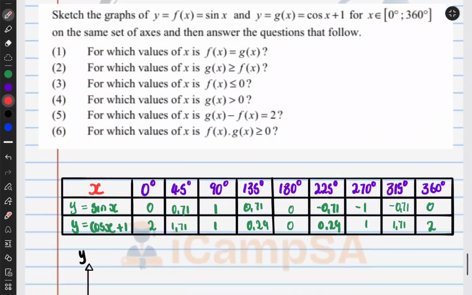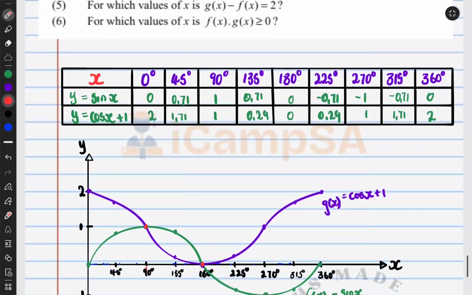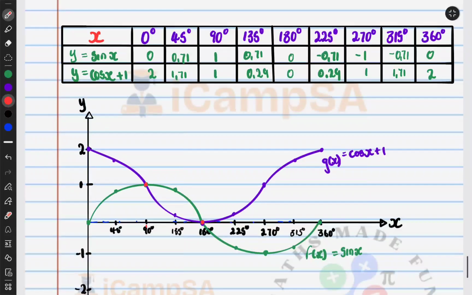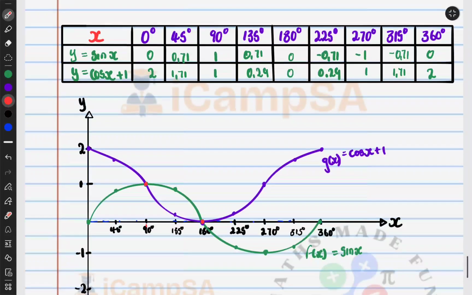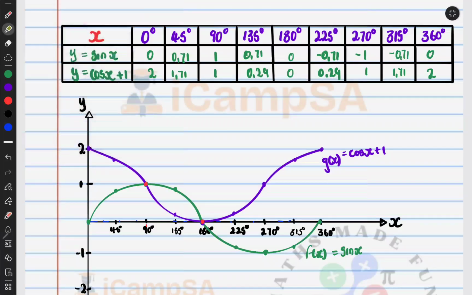Okay, and then for which values of x is g at x minus f at x equal to 2. We can see here that g at x is 2 while f at x is 0.